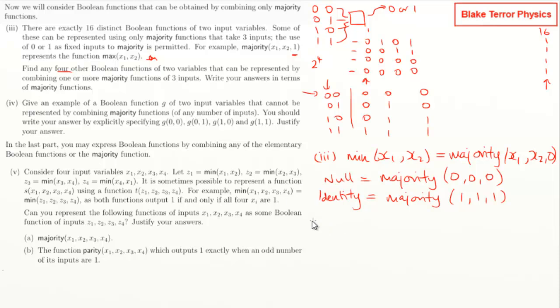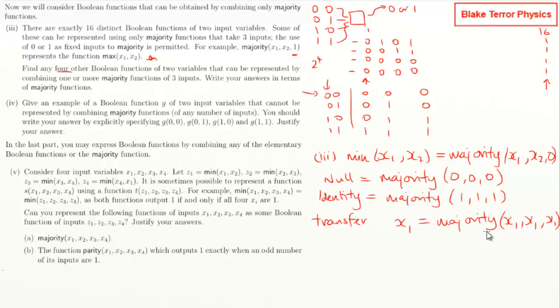So this is called the transfer function. So we could have a transfer for x1, i.e. we're just getting x1 out of our function, and we want a majority for that. So that would be equal to majority, and we could just put x1, x1, and again, we could have anything for the third argument. Let's just put 3 inputs of x1, and then it's going to return x1.